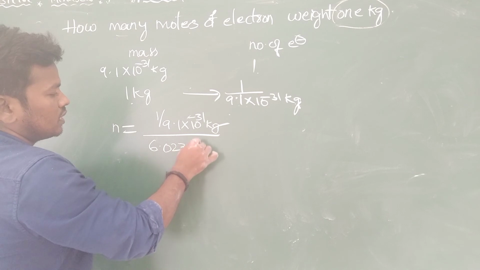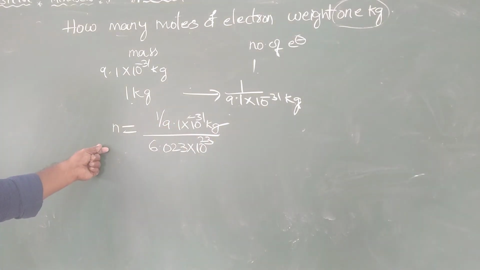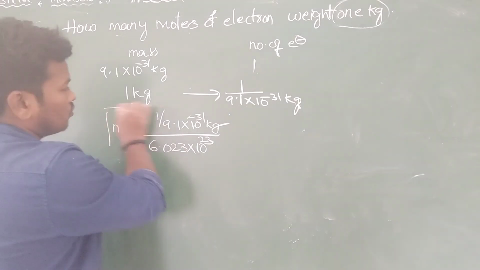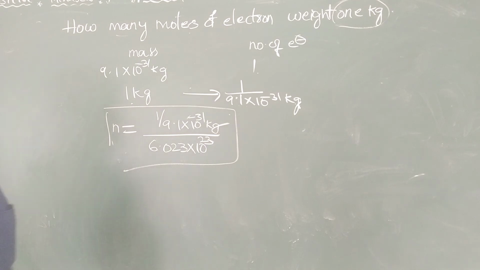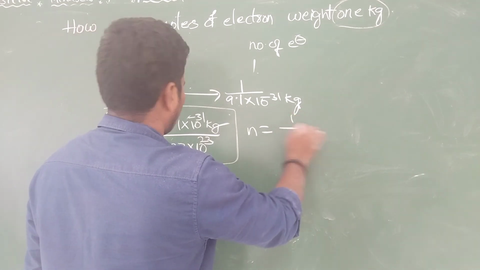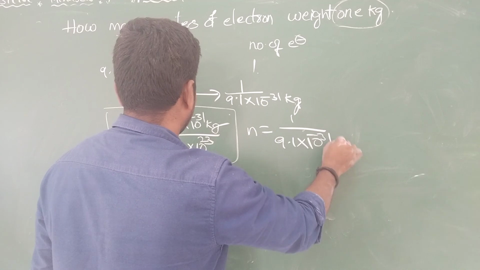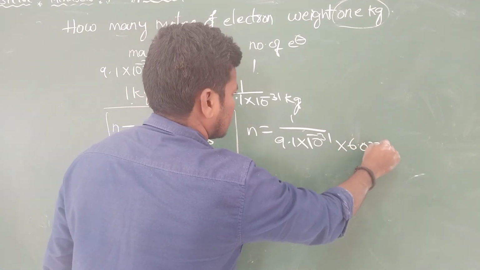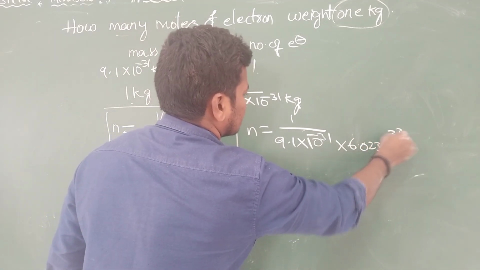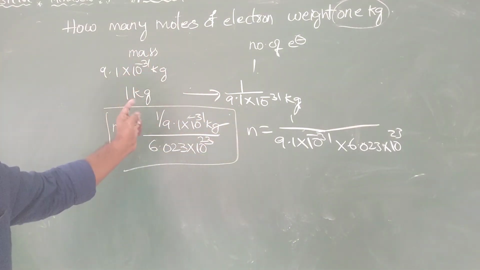So n is equal to 1 upon 9.1 into 10 to the power of minus 31 into 6.023 into 10 to the power of 23. This many moles are present in 1 kg weight.